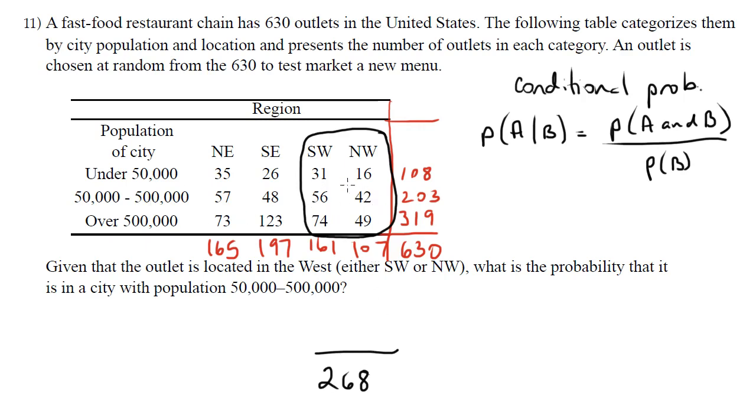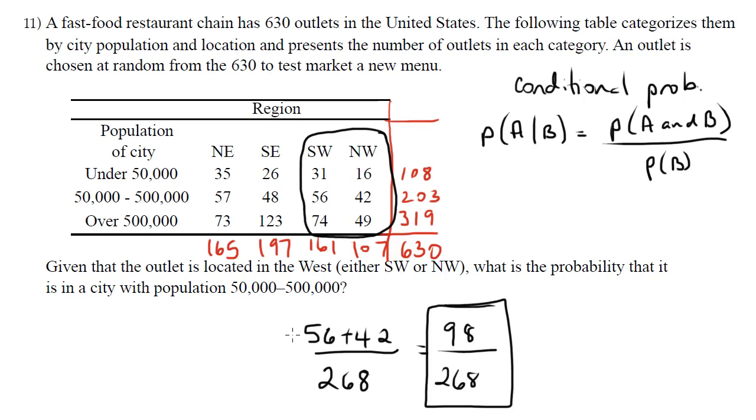Out of these 268, 56 plus 42, 98 out of those 268. That's your answer.